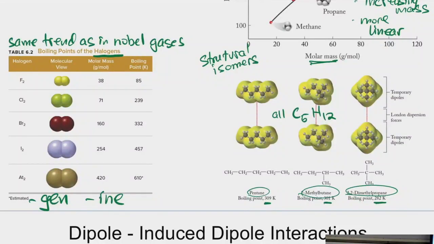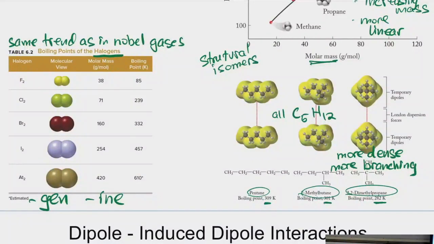It's getting lower. And what's happening here? It's the same mass, but the linearity is changing. As we get more compact, more dense, or in this case, more branching, we're doing two things to the polarizability. We're basically decreasing the overall surface area for where that polarizability can take place.